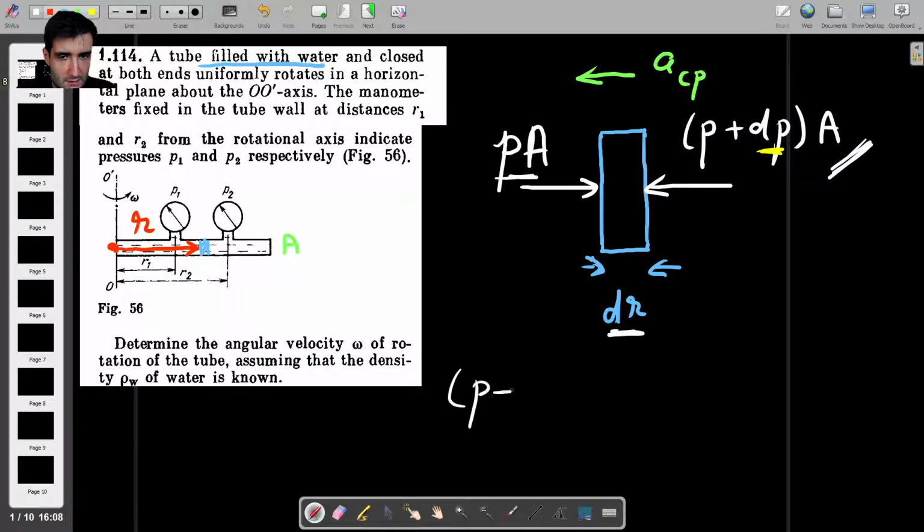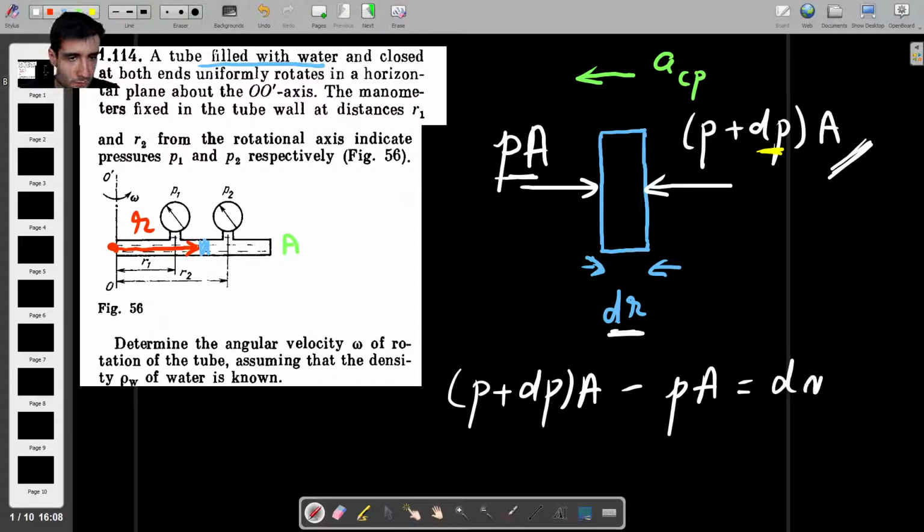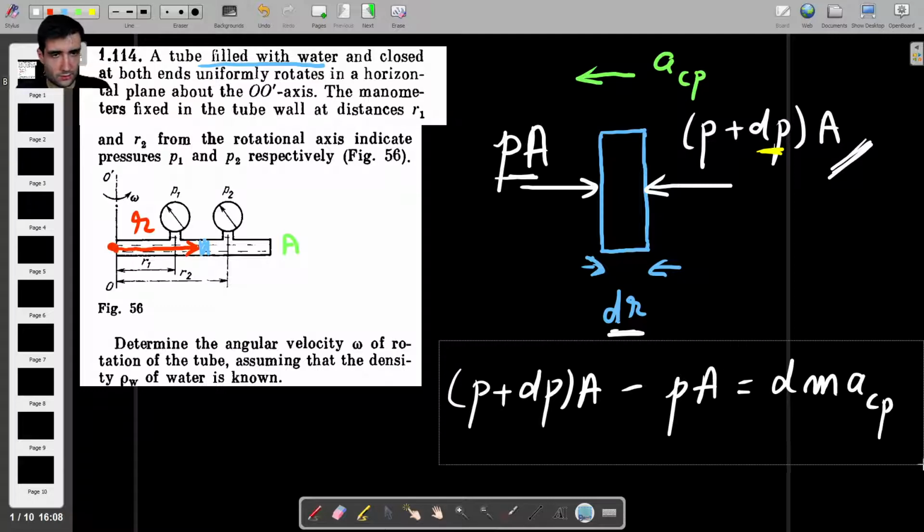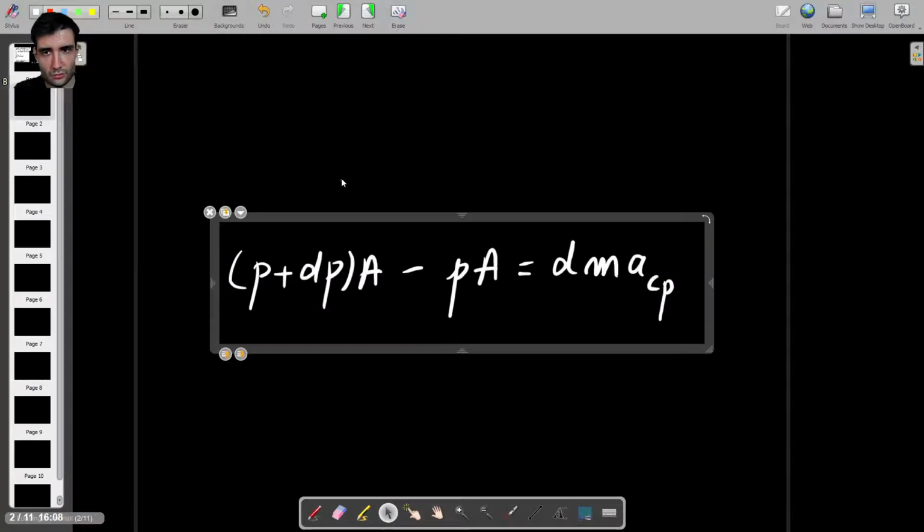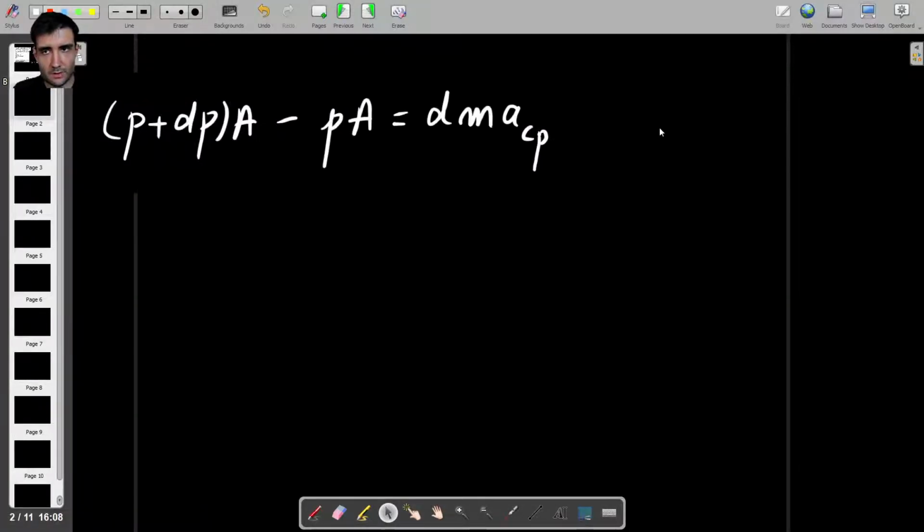What we have is the pressure P plus dP times A. That's the force which has the same direction as the centripetal acceleration, and then we subtract PA, and that gives us the mass of this fluid element, which I'll just call dm for now, multiplied by the centripetal acceleration. So let's take this to the next page, and let's try to expand this a bit more.